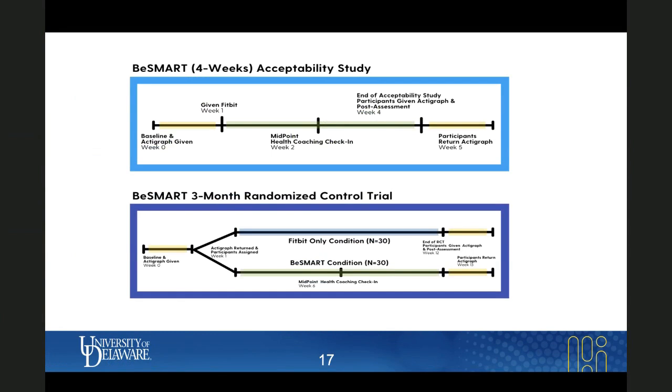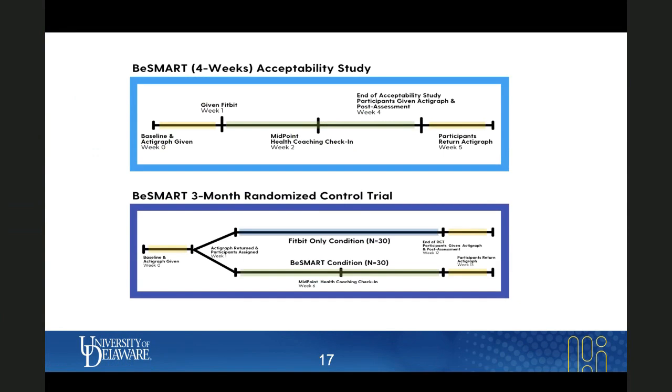From week one and week two, BSmart gives automated interventions 3 times a week. And at week two, there's a midpoint call with the human health coach where they discuss if they want to change their goals completely, or change their strategy.